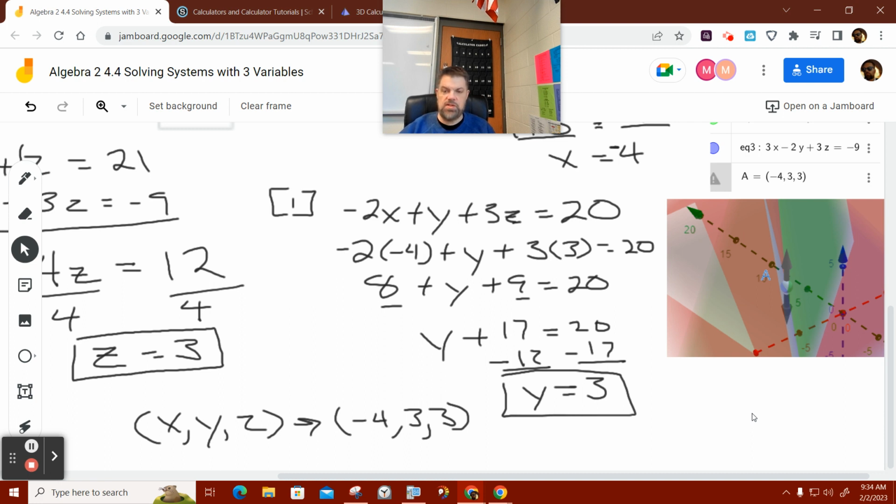And as you can see, all three of the planes intersect right here. So I'm going to write negative 4, 3, 3, so you guys can see it.